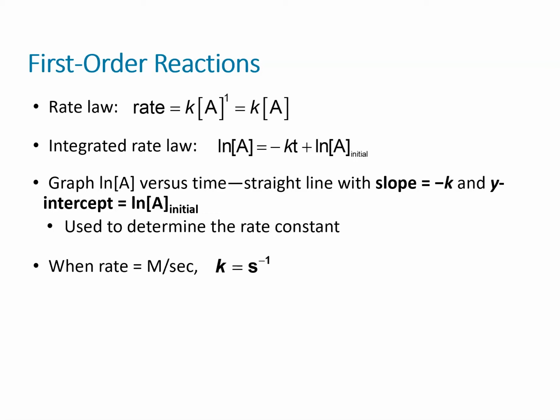Now, the integrated rate law for that, which gives us insight into the effect of time on this, is the natural log of the concentration of A equals the negative k, or rate constant, times time, t, plus the natural log of the initial concentration of reactant A.